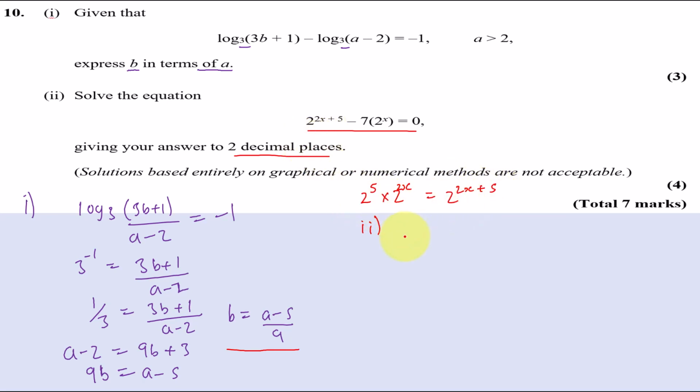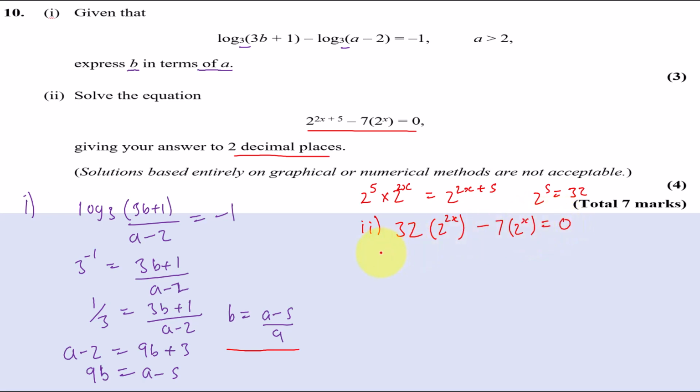So we just take a coefficient out, so that actually becomes 2 to the power 5 is 32. So 32, let's separate that by a bracket, 2 to the 2x, remember laws of indices first, minus 7 to the 2x equals 0.